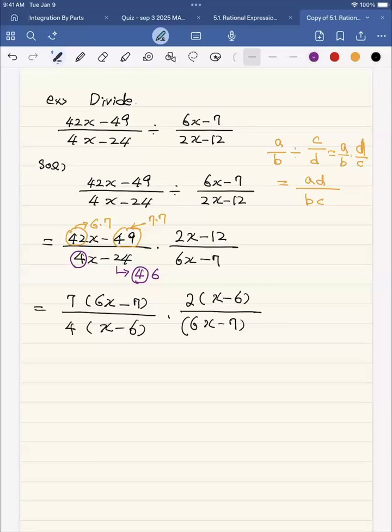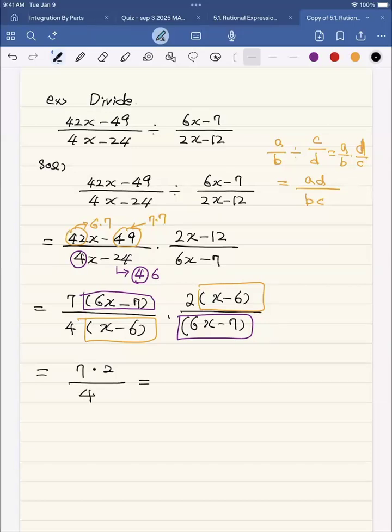We eliminate the same factor in the numerator and denominator, and then we get 7 times 2 over 4, and we know that 4 is 2 times 2.